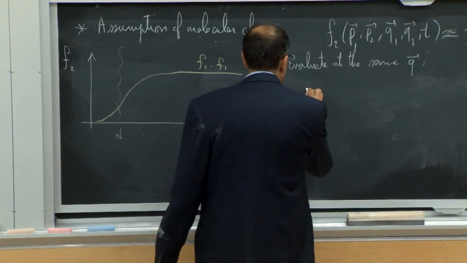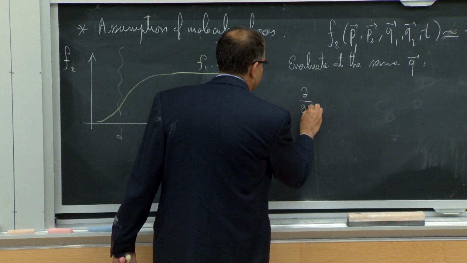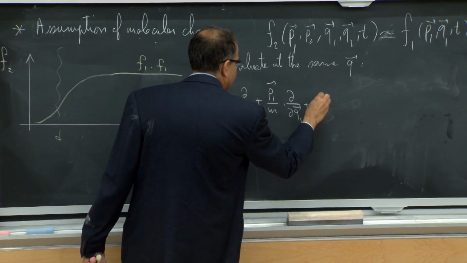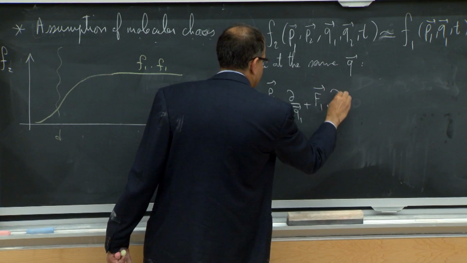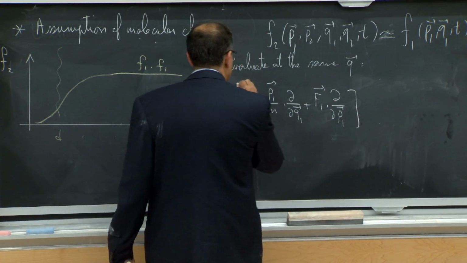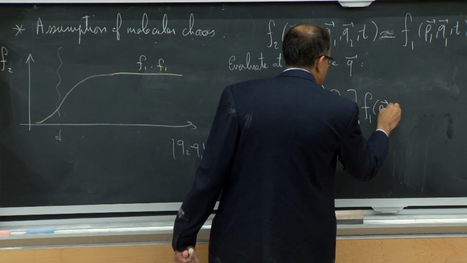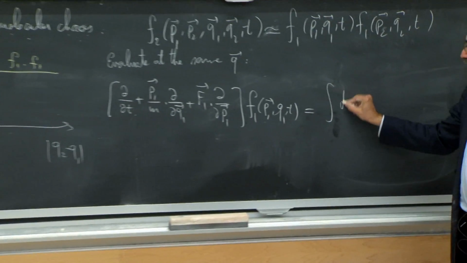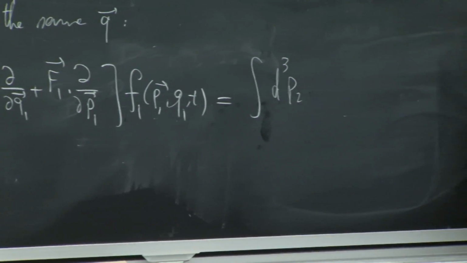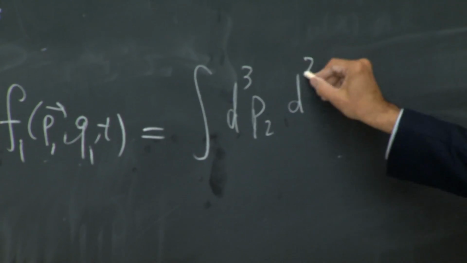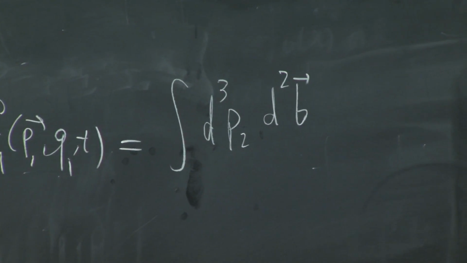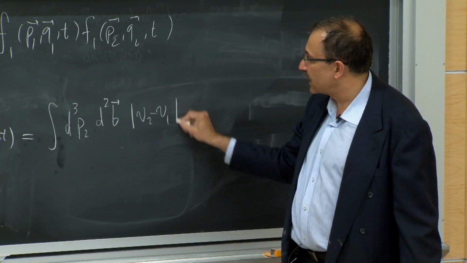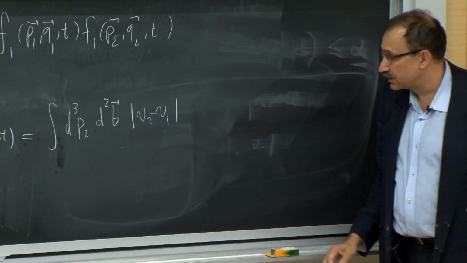And what we will eventually have is the equation: d by dt plus p1 over m d by dq1 plus F1 dot d by dp1 acting on f1 on the left-hand side is, on the right-hand side, equal to all collisions with a particle of momentum p2 approaching at all possible cross-sections, calculating the flux of incoming particles that corresponds to that channel, which is proportional to v2 minus v1.